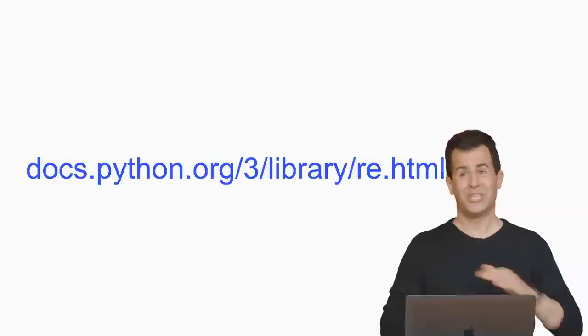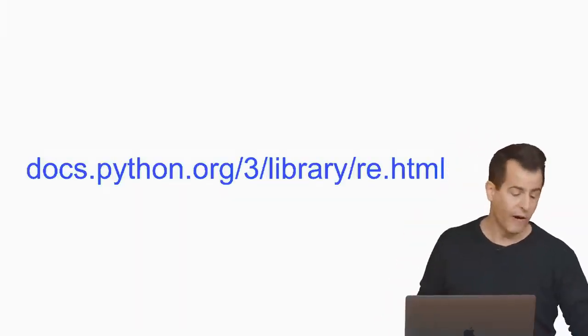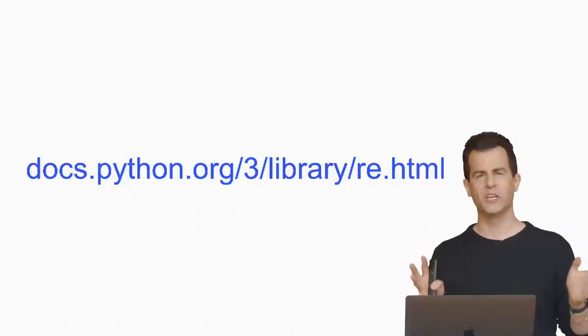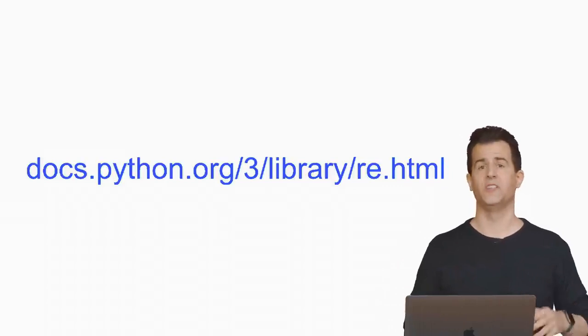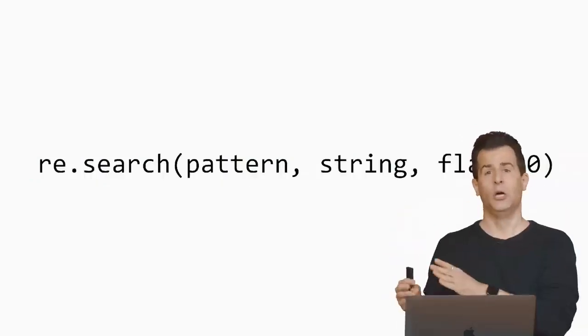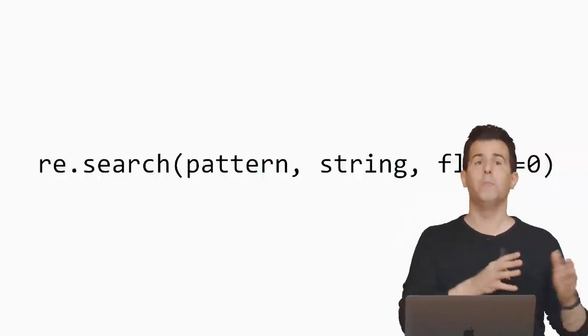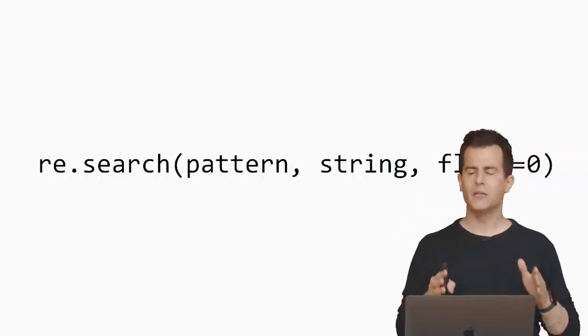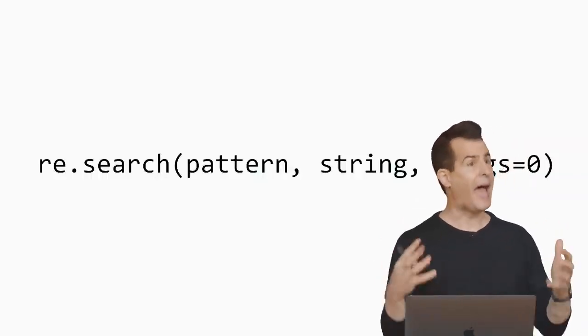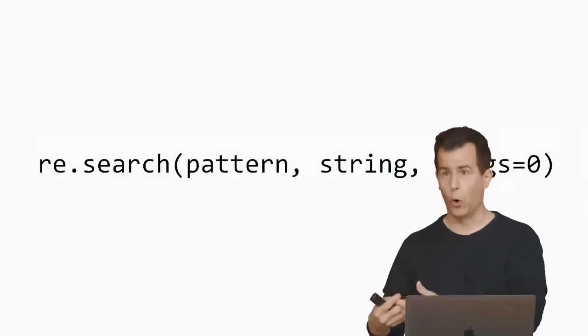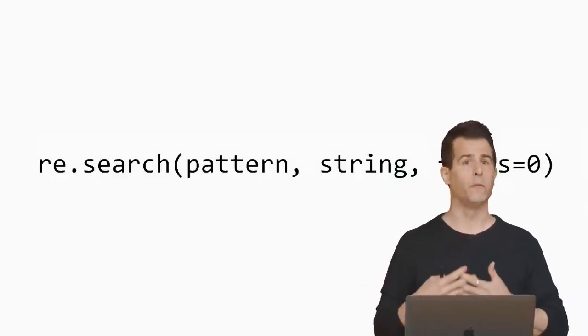So what can and should I do with this library? Well, first and foremost, it comes with a lot of functionality. Here's the URL, for instance, to the official documentation. And let me propose that we focus on using one of the most versatile functions in the library, namely this, search. re.search is the name of the function in the re module that allows you to pass in a few arguments. The first is going to be a pattern that you want to search for in, for instance, a string that came from a user.